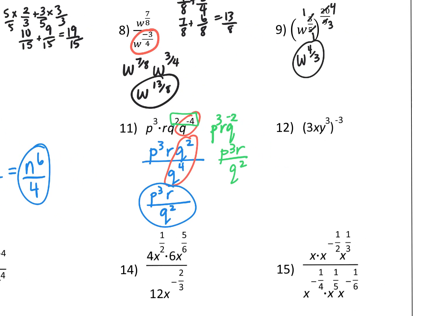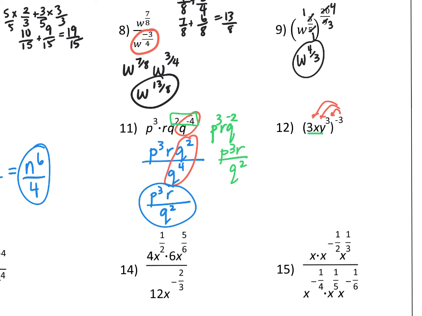All right, let's take a peek at number 12. Okay, so we can again do this one of two ways. You can either reciprocal your base and make your outside exponent positive. We still need to follow the order of operations. Inside of here, there's nothing that can be done. So I'm going to distribute this -3 to everything inside of there. Keep in mind there's 3 different bases.